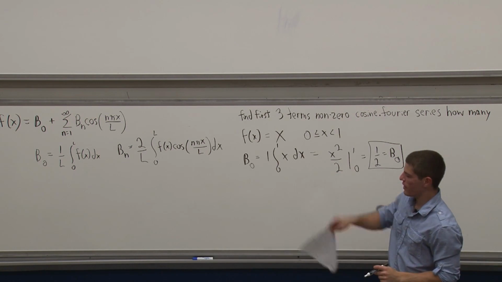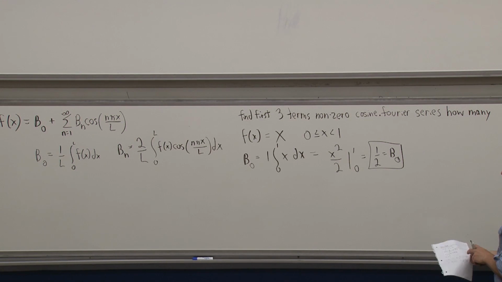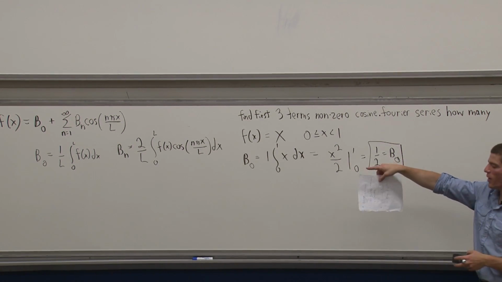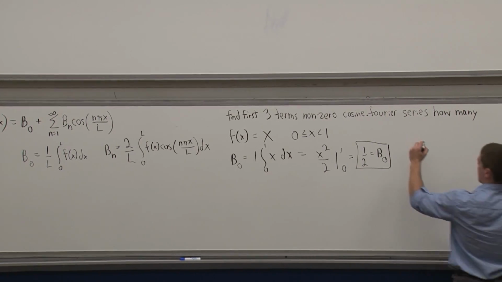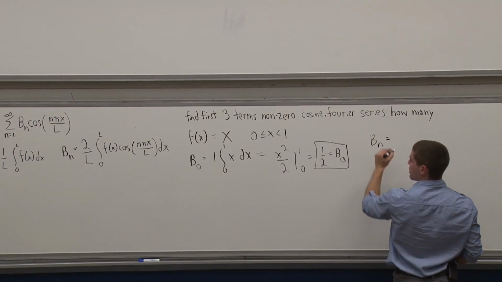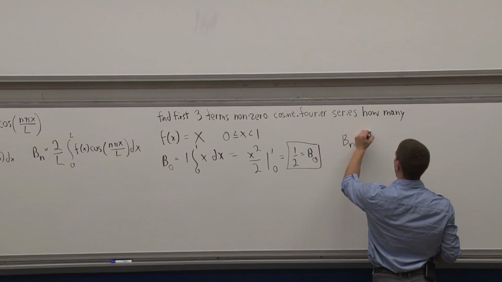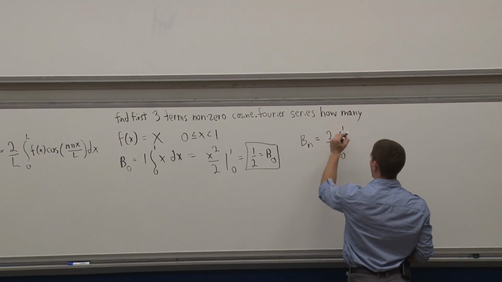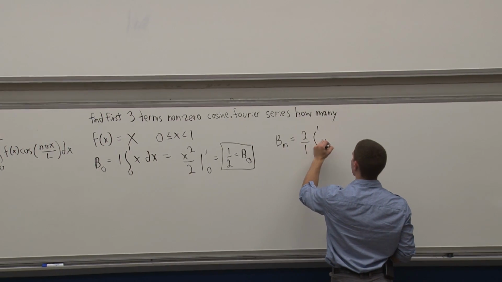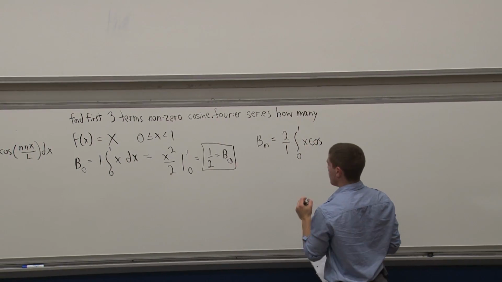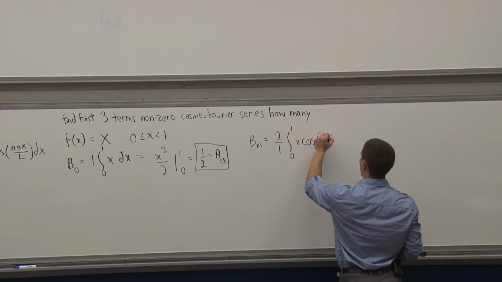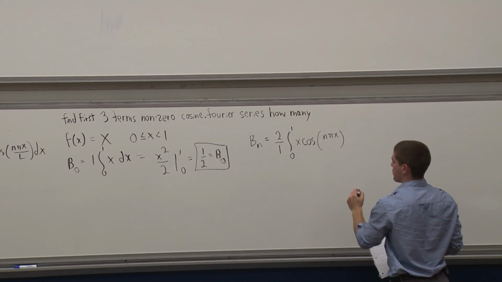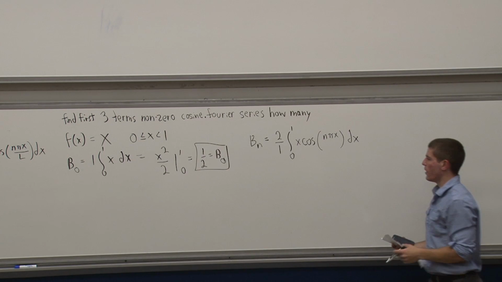Now we need to find the other ones. We're going to do 3 non-zero terms, not including this one. So bn is going to be equal to 2 over L, which is just 2 over 1 because L equals 1, integral from 0 to 1 of f of x, which is x, times the cosine of n pi x over L, which is just n pi x, dx.